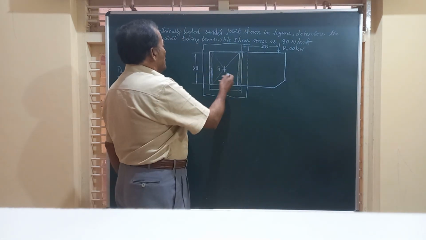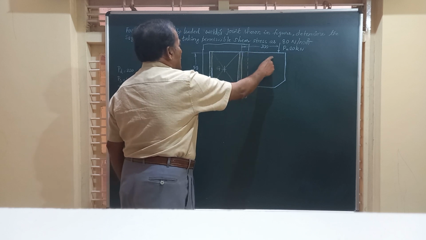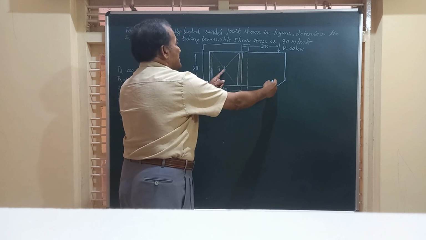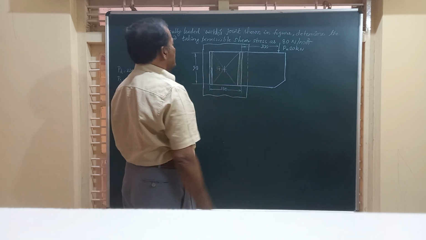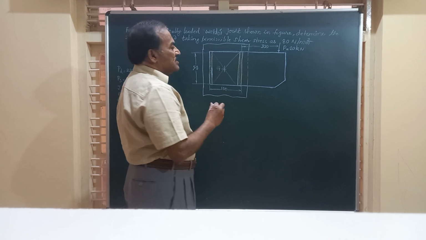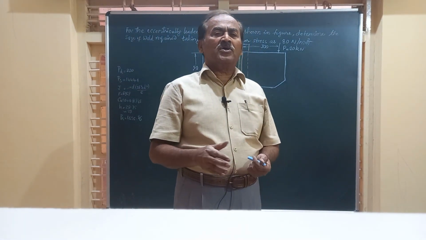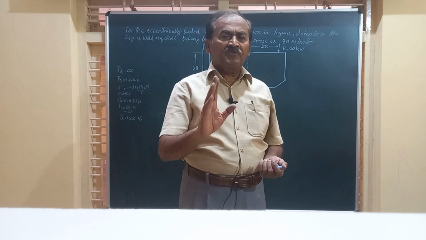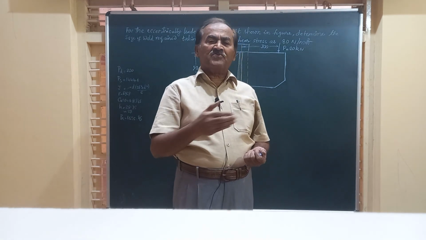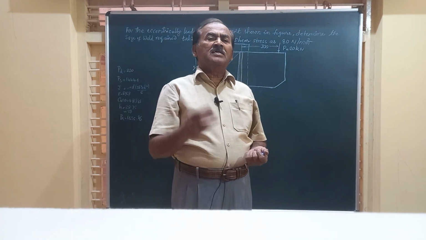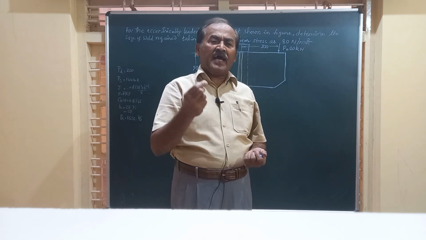Friends, you have a load of 20 kilonewton acting at a distance, that is eccentricity equal to 300 plus 50, that is 350 millimeter. The calculation of the size of the weld involves, as usual, 5 steps. In the first step, we locate the centroid of the weldment. In the second step, we calculate the direct load and where it acts.